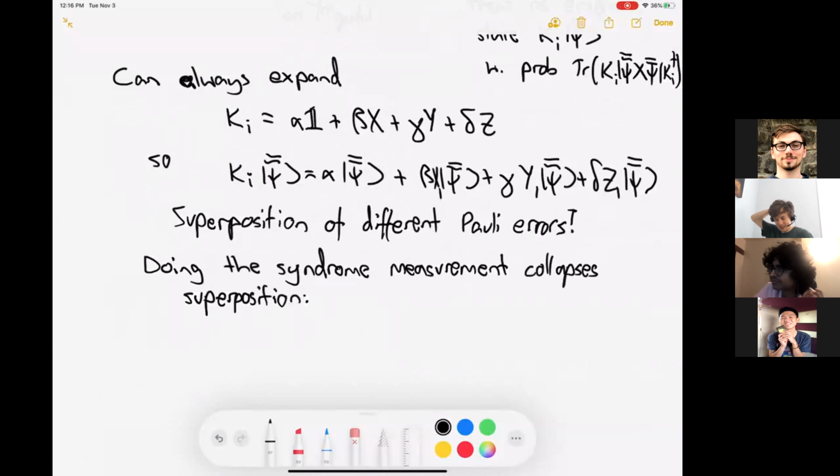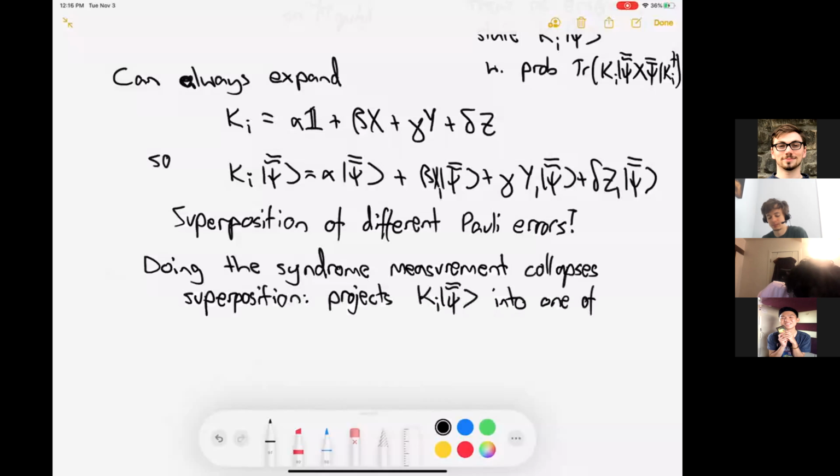It's going to project the state ki psi into one of the four terms in the superposition. Okay, because each of the 4 terms in the superposition gives a different measurement outcome.